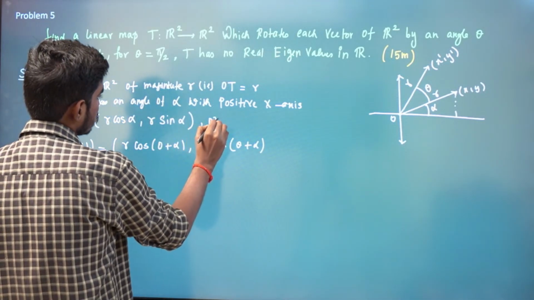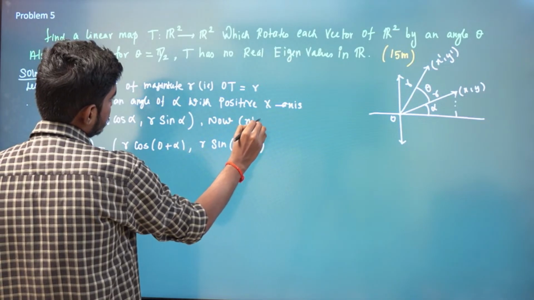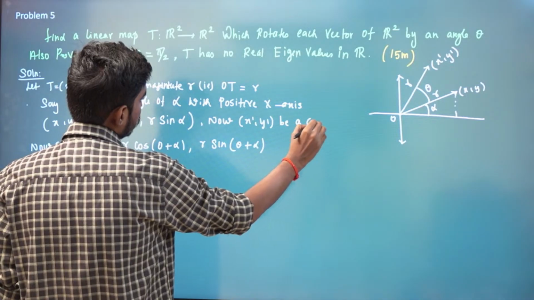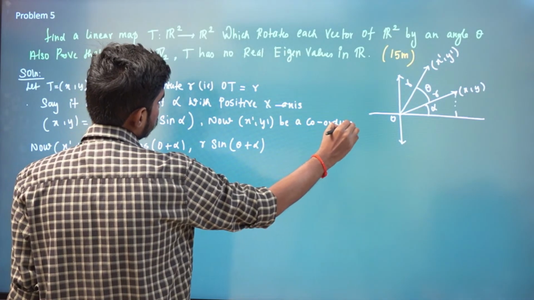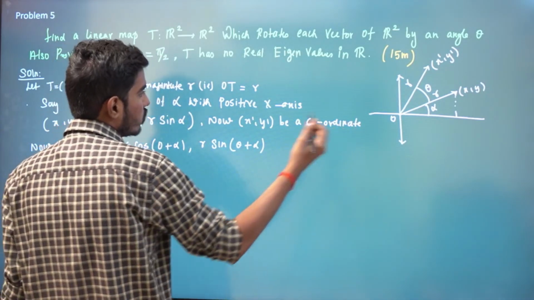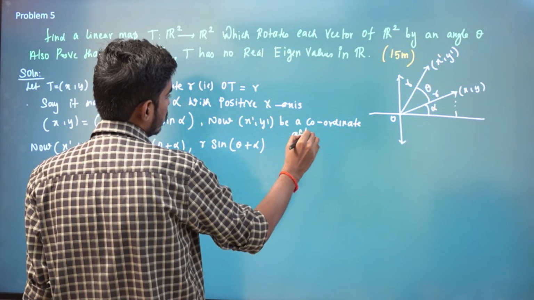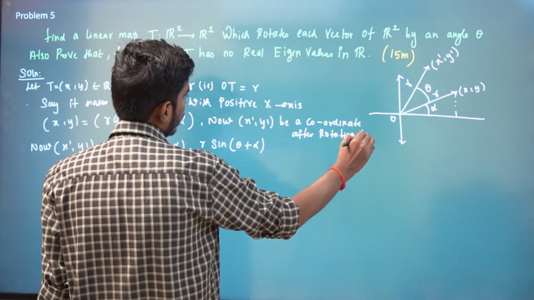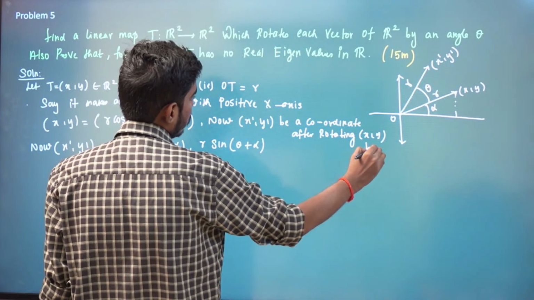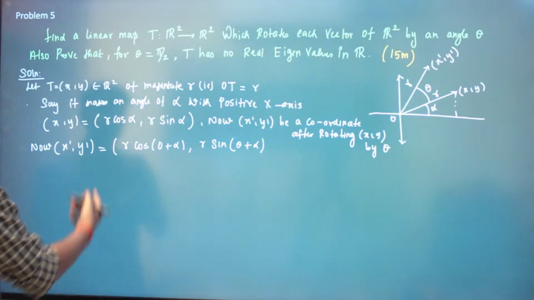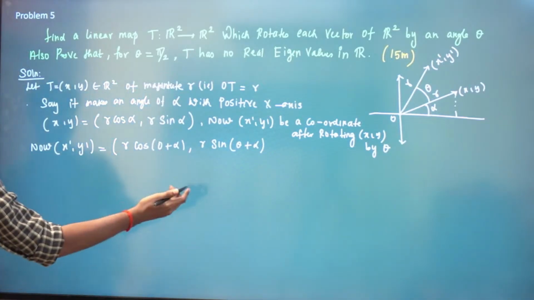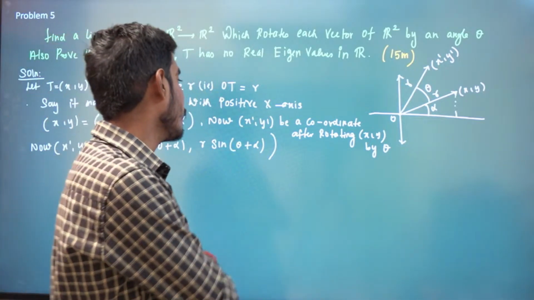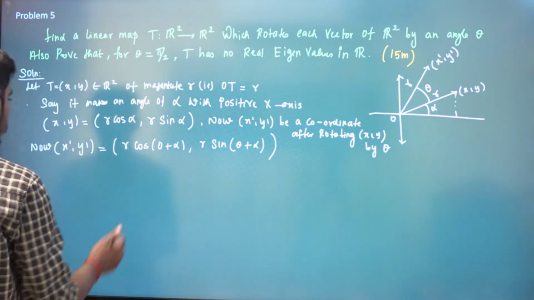Now x dash y dash is the coordinate after rotating x comma y by theta. The new coordinate x dash comma y dash is given by r times cos of theta plus alpha, comma r times sin of theta plus alpha.